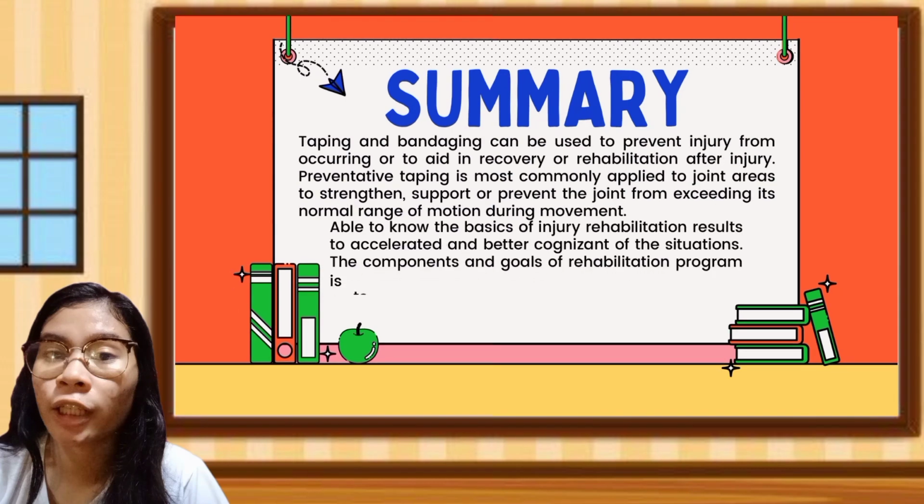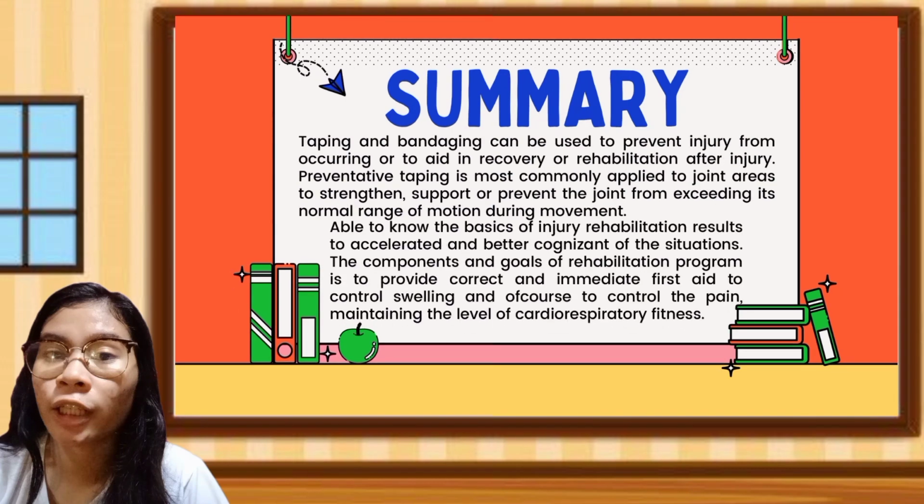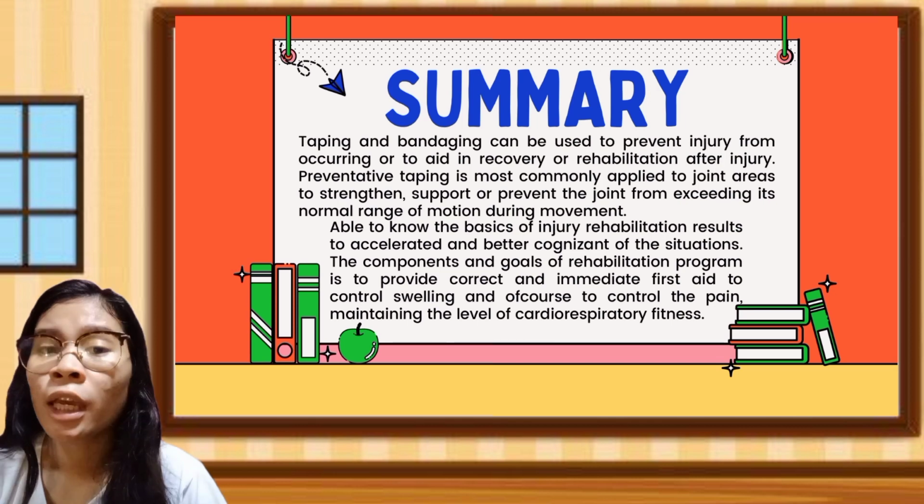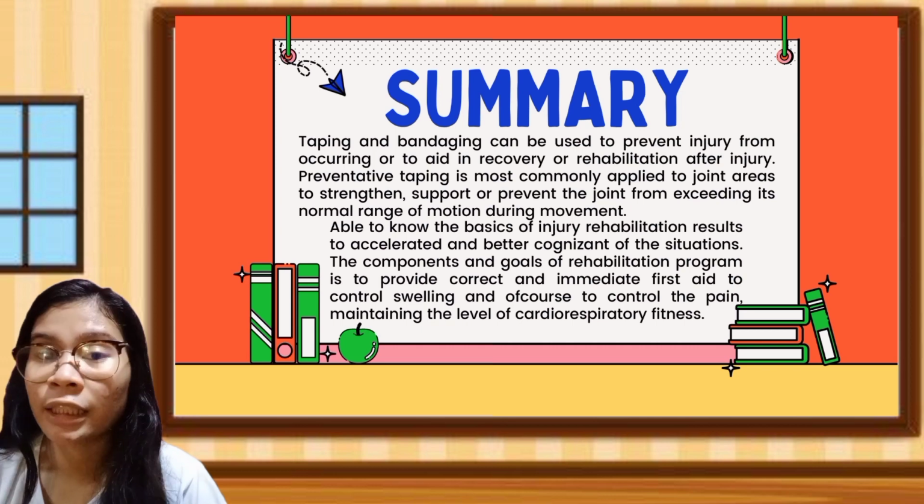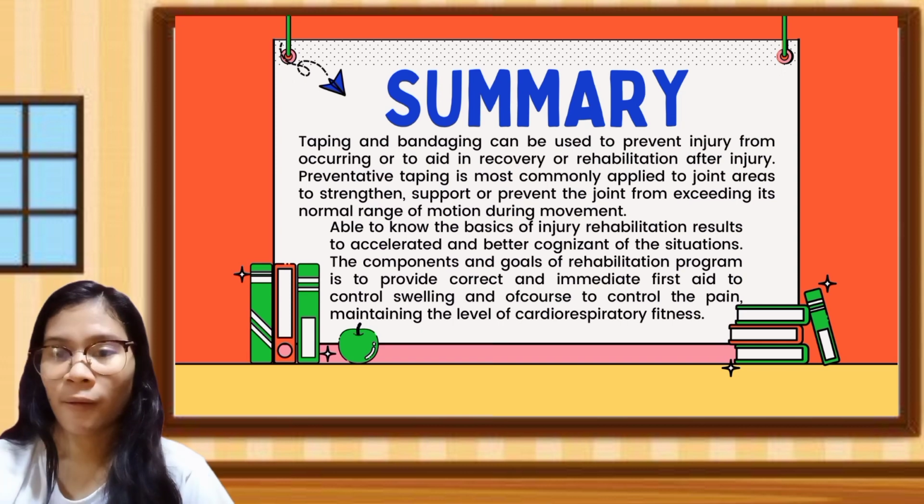Being able to know the basics of injury rehabilitation results in being better cognizant of the situations. The components and goals of a rehabilitation program are to provide correct and immediate first aid to control swelling and of course to control the pain, maintaining the level of cardiorespiratory fitness and others.